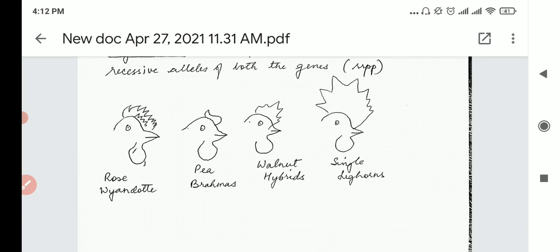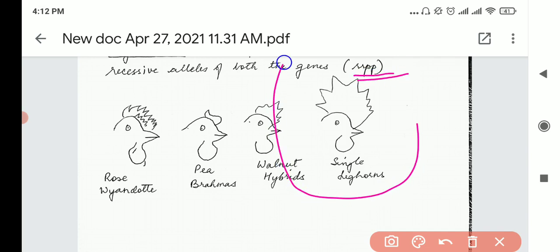Okay, so the Wyandotte, which is the rose, looks like that, the pea looks like that, the walnut, the hybrid, like that, and the single, the most recessive one. Just imagine, it sounds so weak when we write about the recessive gene, small r, small p, but see, in real life how it looks.